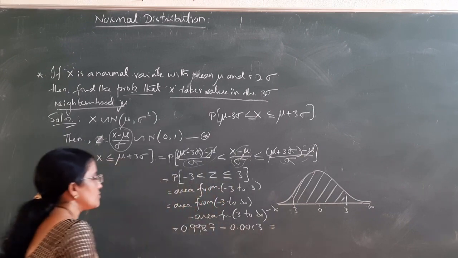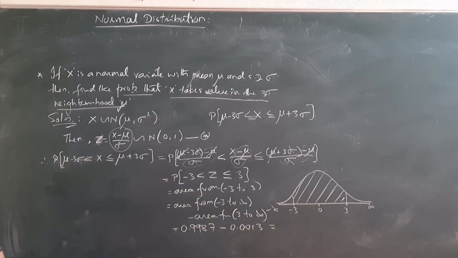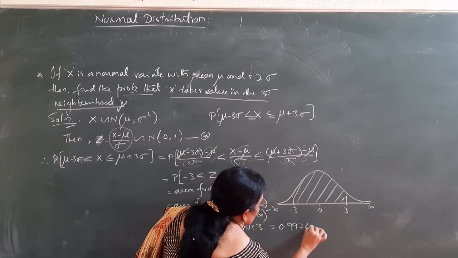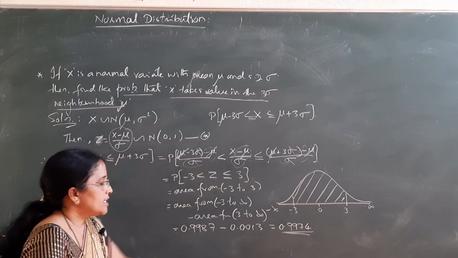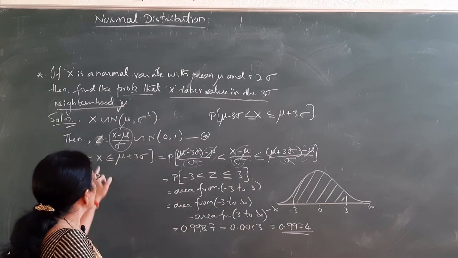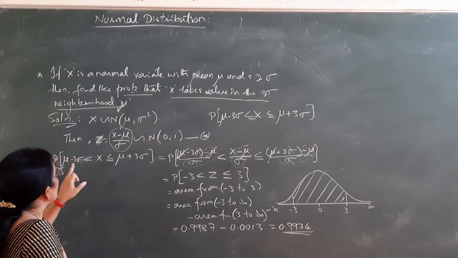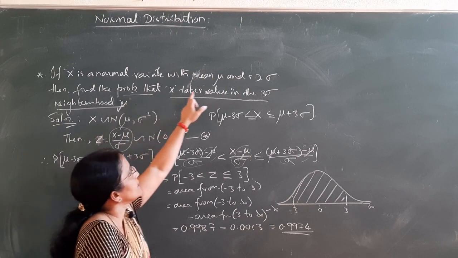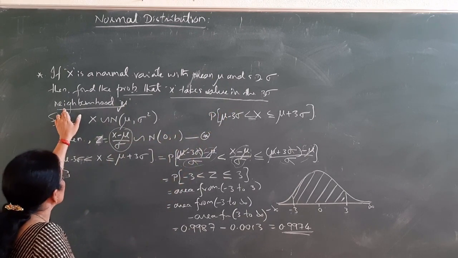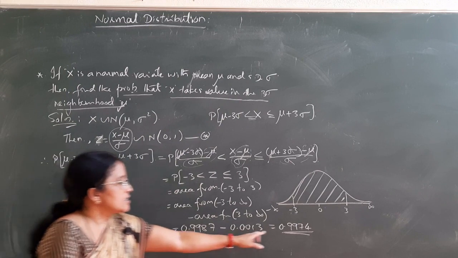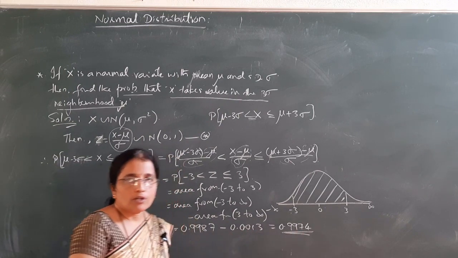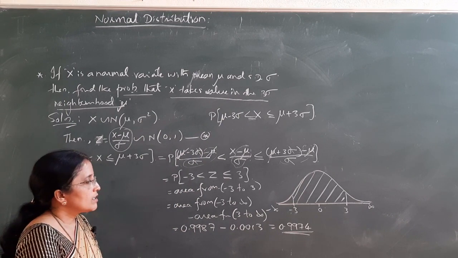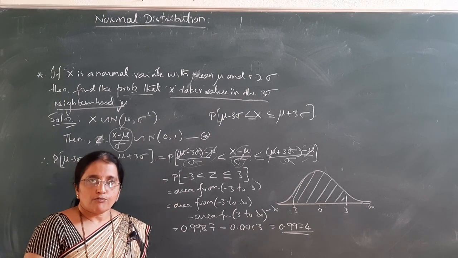Now subtract, and the answer is 0.9974, right? It indicates the probability of a normal variate x lying in the 3 sigma neighborhood of mu. The probability that x takes value in the 3 sigma neighborhood of mu is 0.9974. This is a feature of the normal distribution. Now we have solved this for 5 marks.